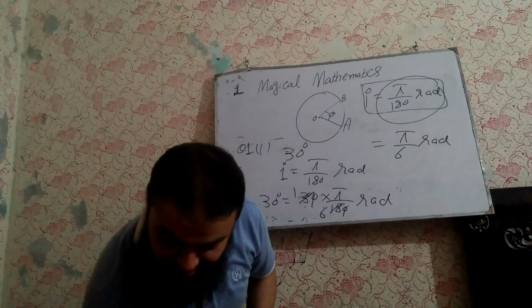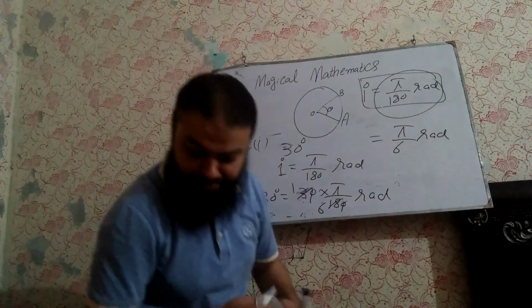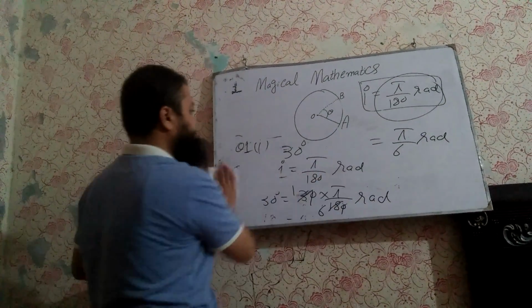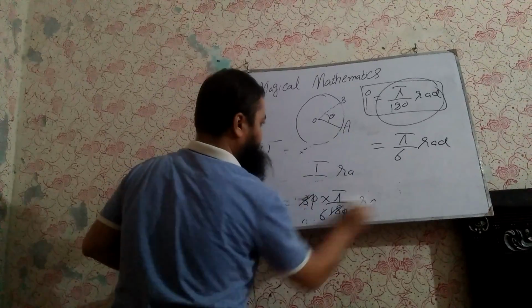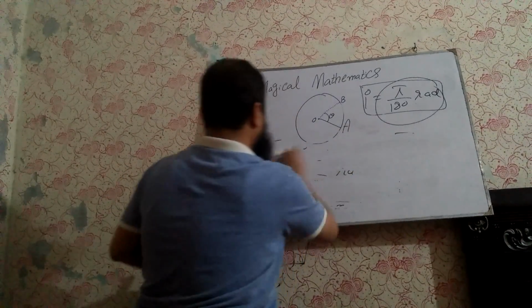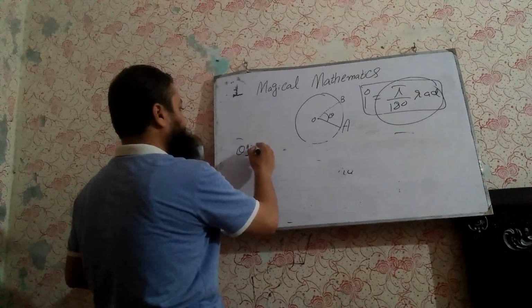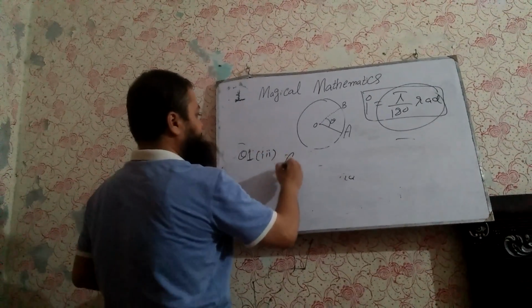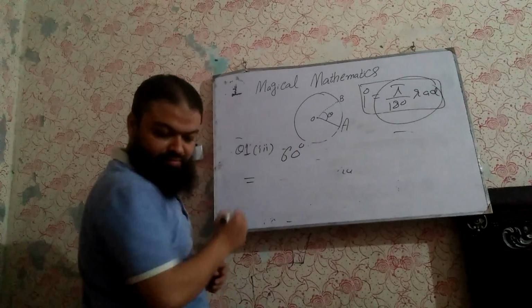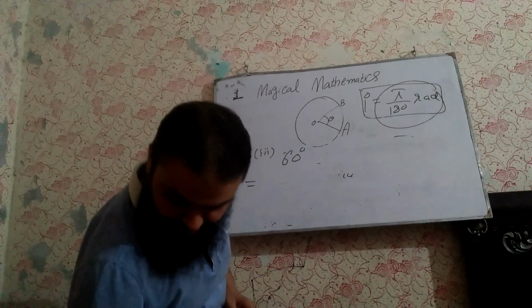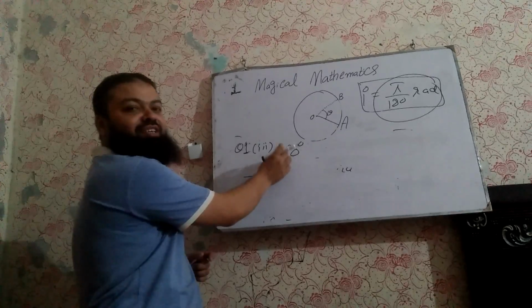Now part number 3 I will solve in front of you. 60 degree. You want to convert degree into radian.